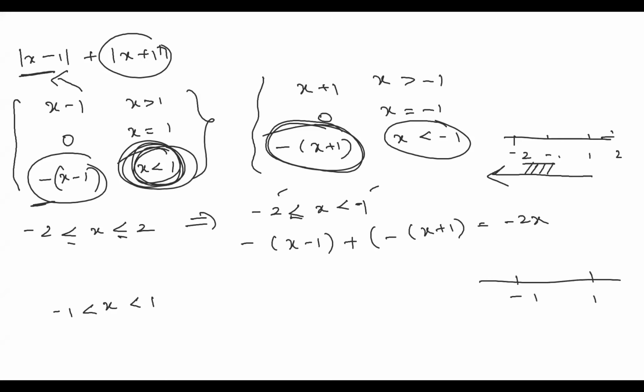So when x is between -1 to 1, when x is less than 1, which function will we take? Minus of x minus 1. So minus of x minus 1 first we take, plus. Now x is greater than -1, what should you take?